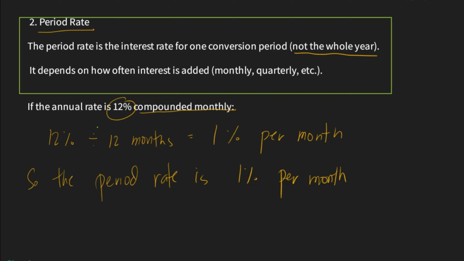Since in period rate we are talking about the conversion period, and the question here is monthly, we divide the annual rate by 12 months. That's why we did it. So in a month, your period rate is 1%.